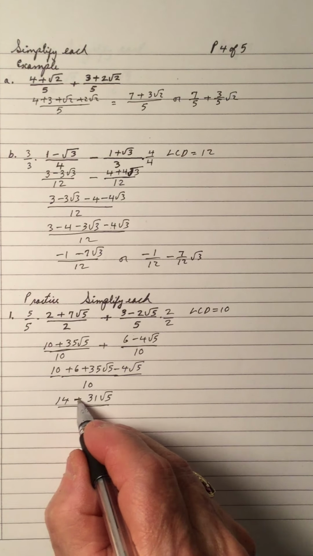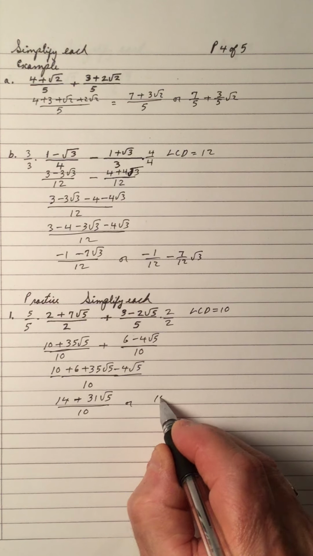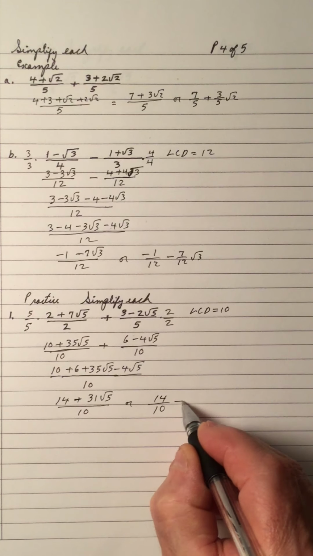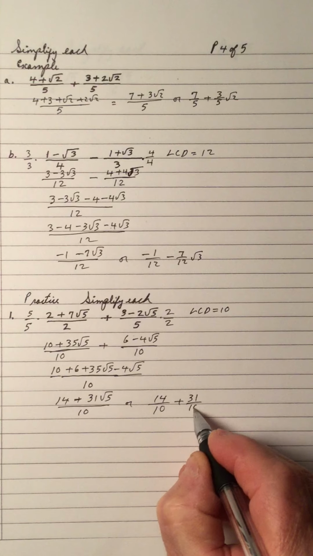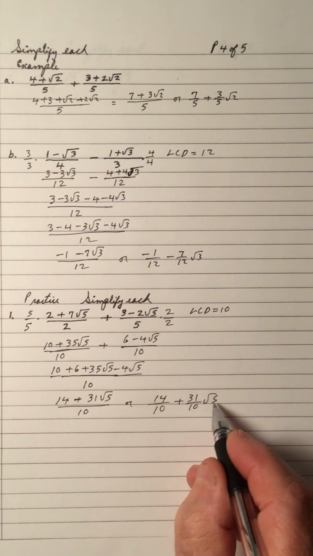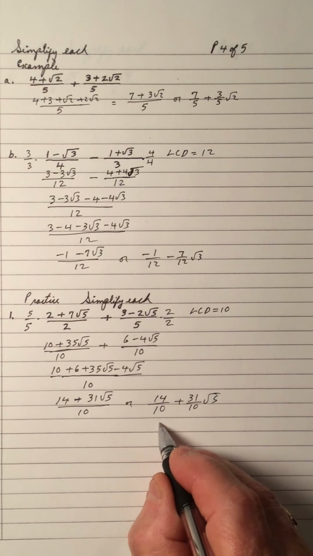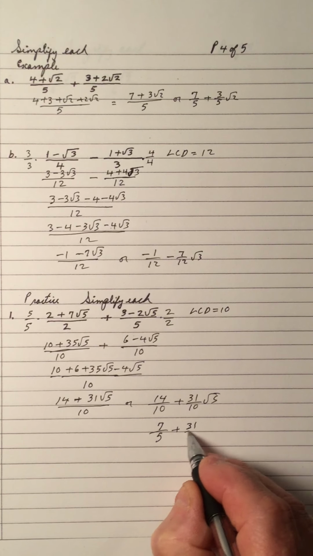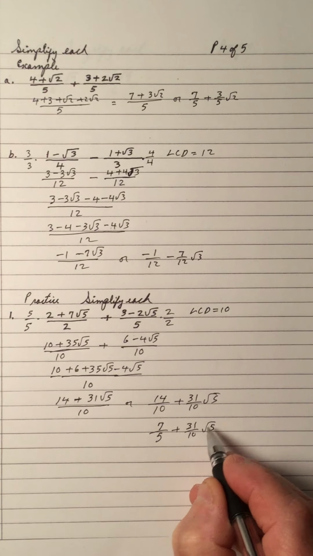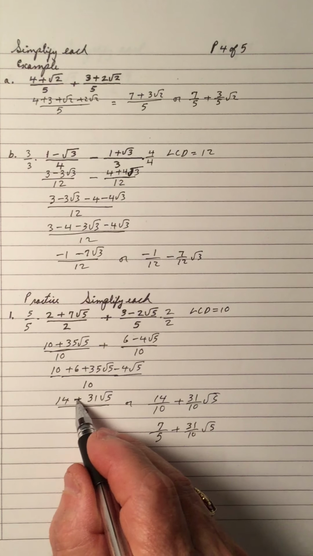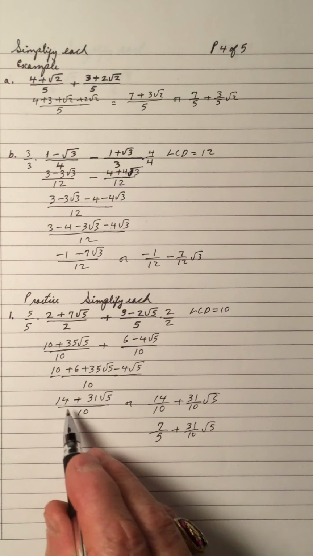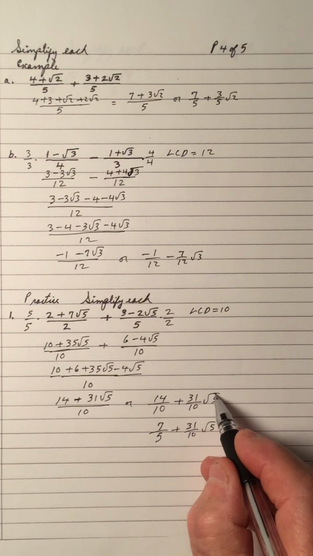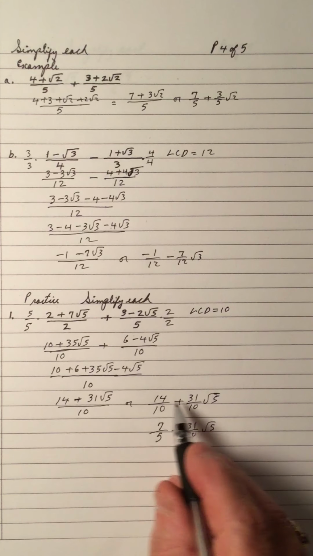And that's as one fraction, or if you want, you could say 14 over 10 plus 31 over 10 root 5. And the 14 over 10 becomes 7 over 5 plus 31 over 10 root 5. So this is one answer as one fraction. This is another one when you divide 10 into both terms in the numerator.